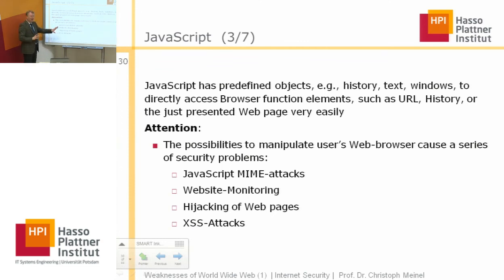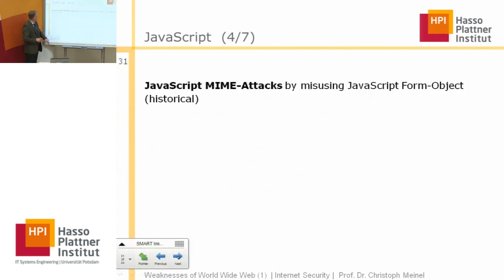I want to speak about these attacks in the following in more detail. There are more attacks misusing JavaScript, but these are interesting and paradigmatic ones. So let's start with a few words about JavaScript MIME attacks.